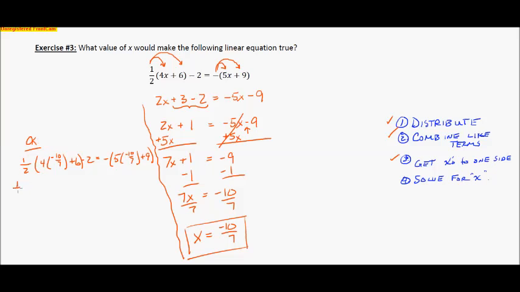Let's see, the 1/2 is going to stay out there. This is going to be negative 40 over 7 plus 6 minus 2. And this other side is going to be negative 50 over 7 plus 9. Okay?